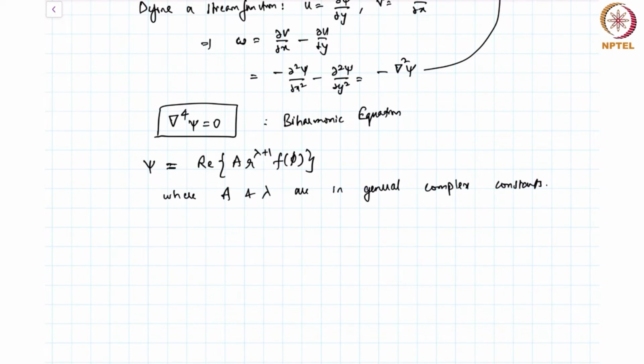Now what do they depend on? They depend on a variety of parameters. The constant A would depend on, you have to do an expansion here like this. They would depend on the viscosity ratio and the value of the contact angle, and those are the two primary parameters.